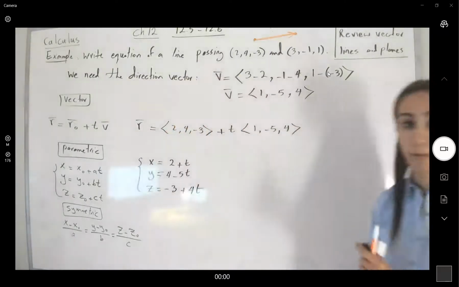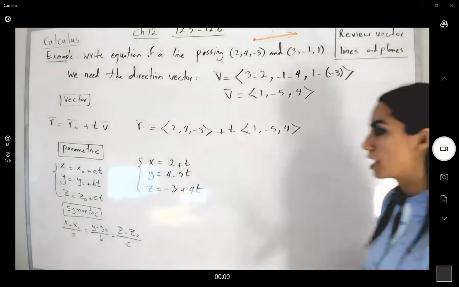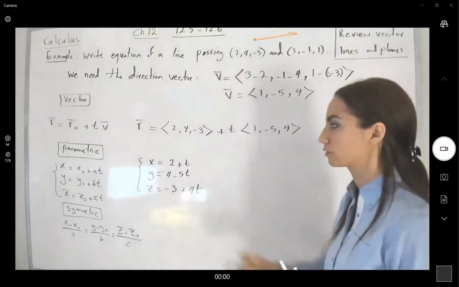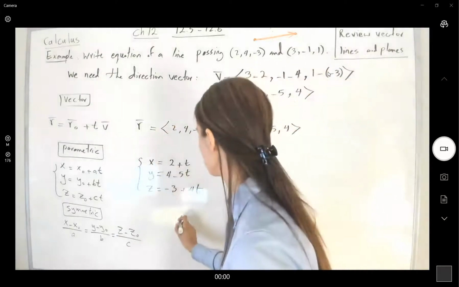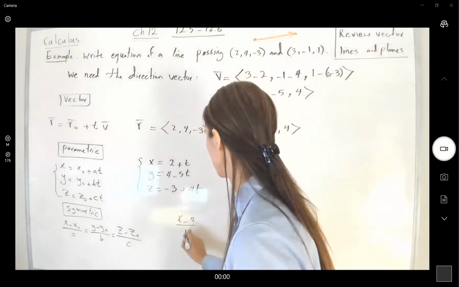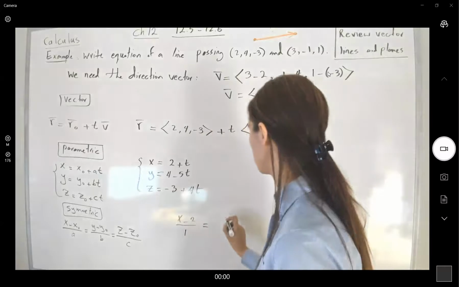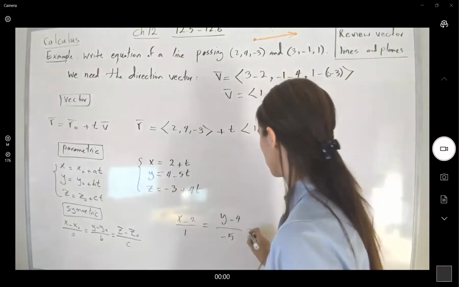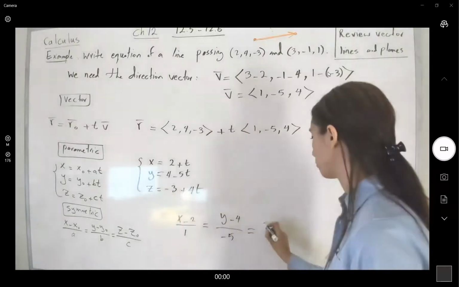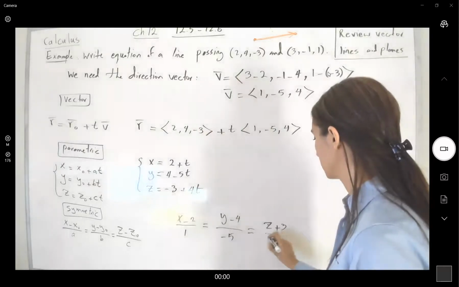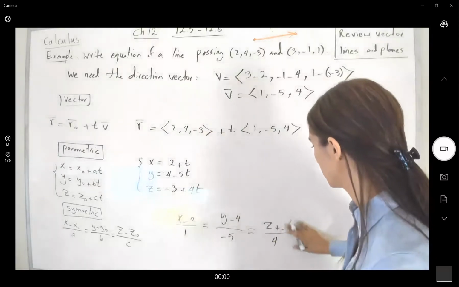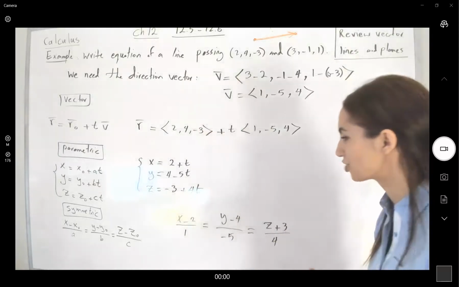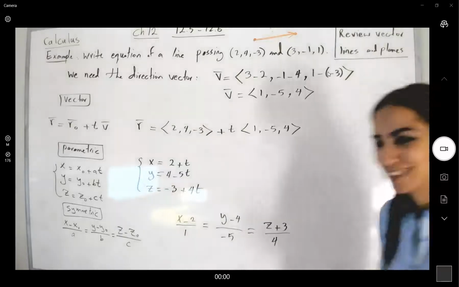So this is our parametric representation of the line, and the symmetric representation of the line is (x minus 2) divided by 1 equals (y minus 4) divided by negative 5 equals (z plus 3) over 4. Symmetric representation of this line.